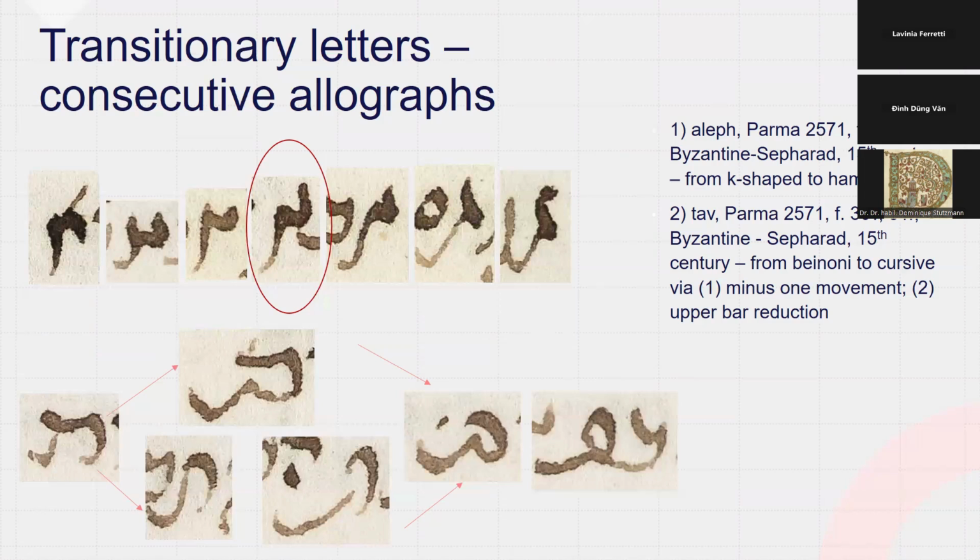And then they all merge and become this more or less full-scale cursive form done in one movement with no chevron, and in this case it's even done with the same movement as the previous letter. So it becomes fully connected within the line of writing.